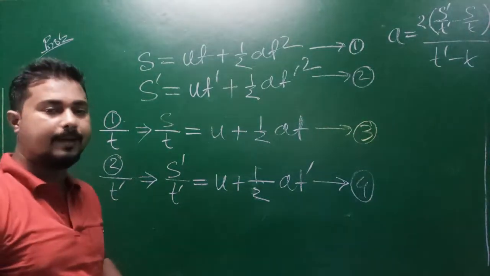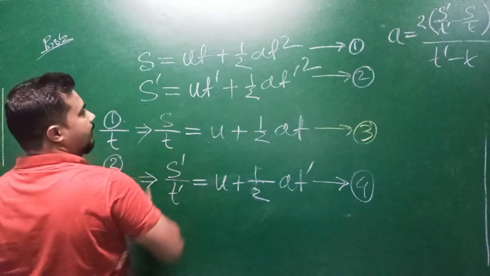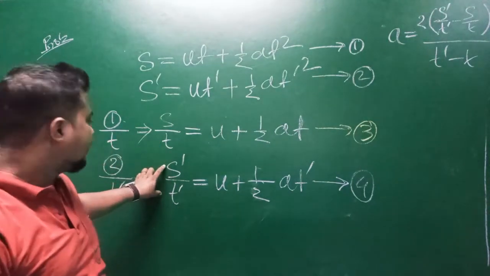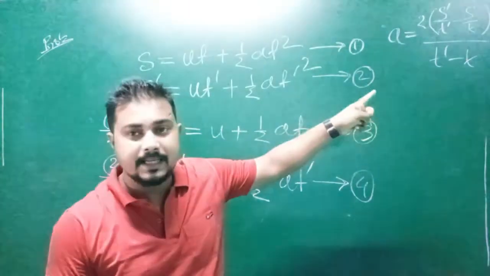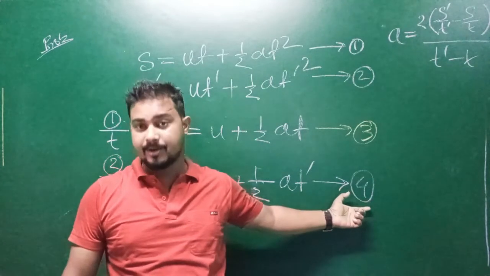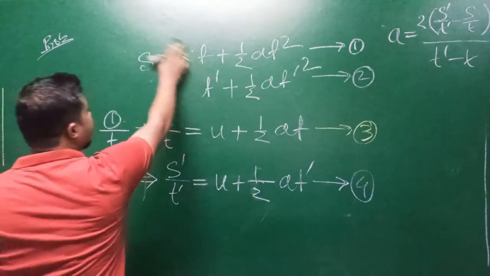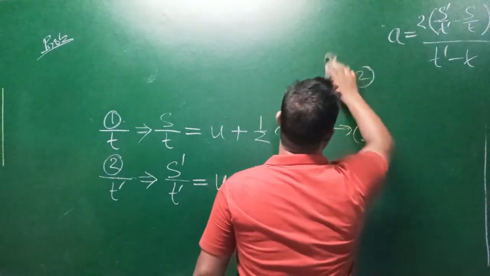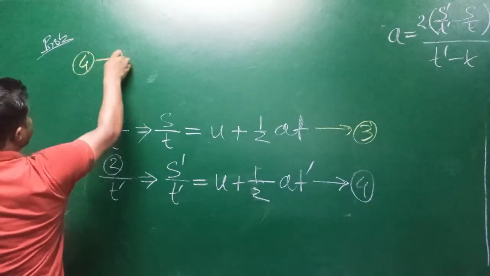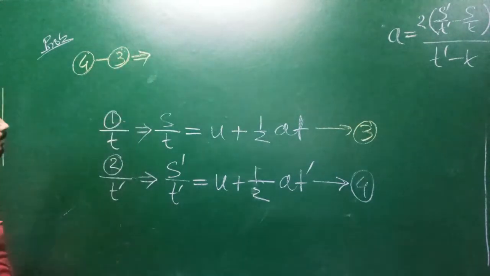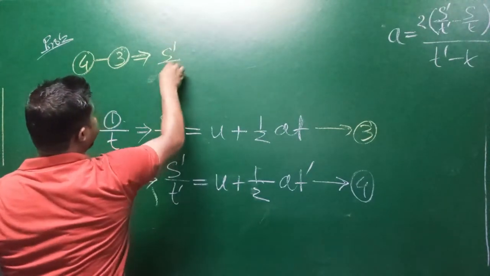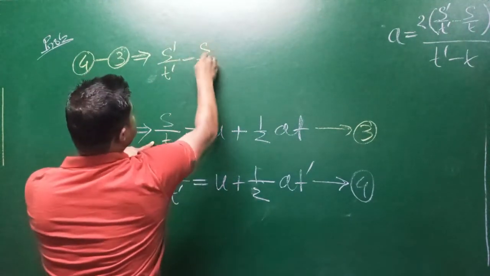Now, we need s dash by t dash minus s by t, so we do 4 minus 3. Equation 4 minus 3 gives s dash by t dash minus s by t.